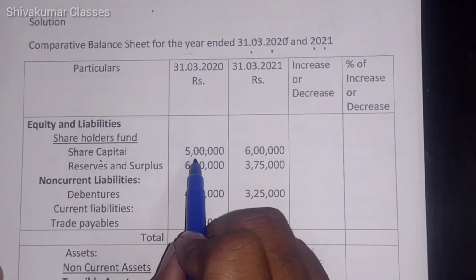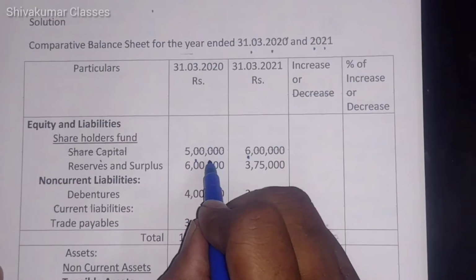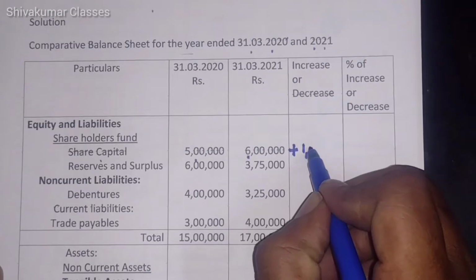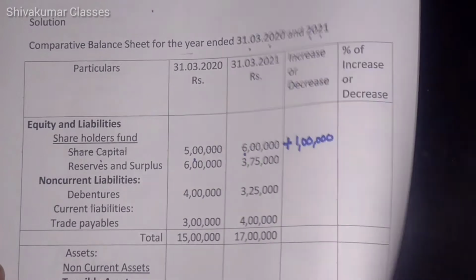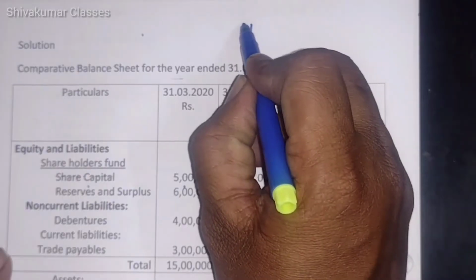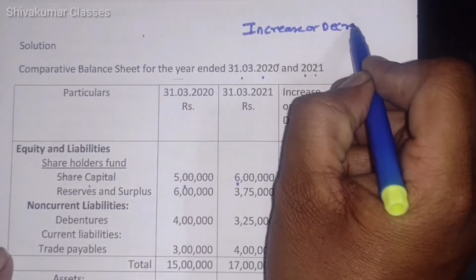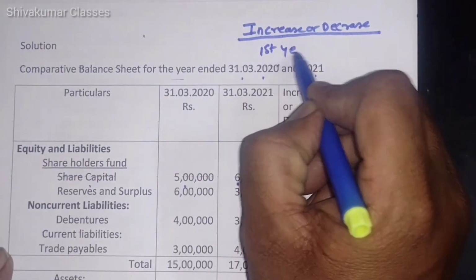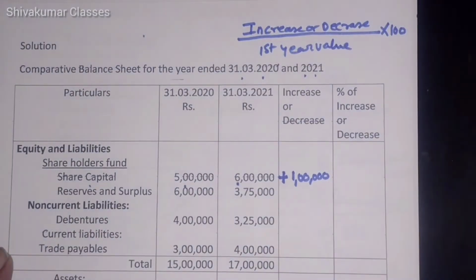Just see that. Share capital 5 lakh and 6 lakhs. Now when comparing the first year and second year, it is increased by rupees 1 lakh. Yes. What we have to do is apply this formula: increase or decrease divided by first year value into 100.